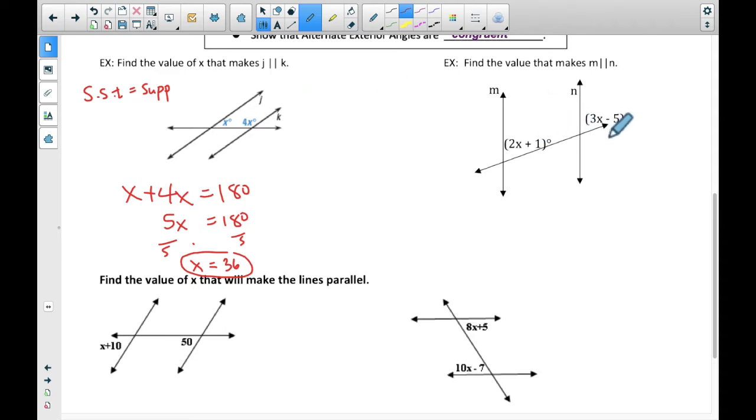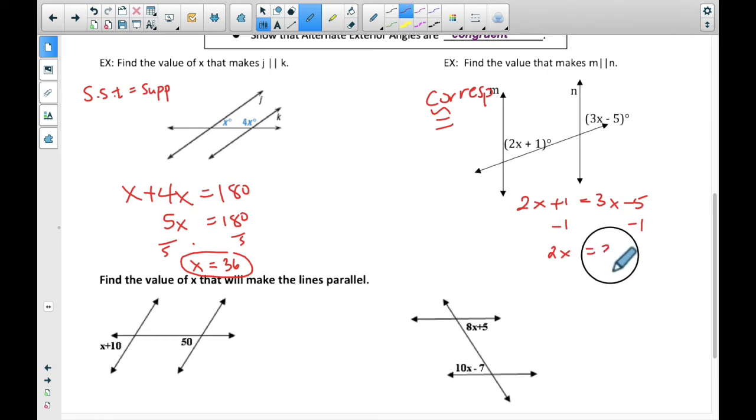Let's take a look at another one. These are what kind of angles? These are corresponding angles, and of course we have corresponding angles and they are congruent. That means we set them equal to each other. So we're going to set 2x plus 1 equal to 3x minus 5, and we're going to solve. You can subtract either way. I'll just subtract the 1 over here, and so now I have 2x equals 3x minus 6.